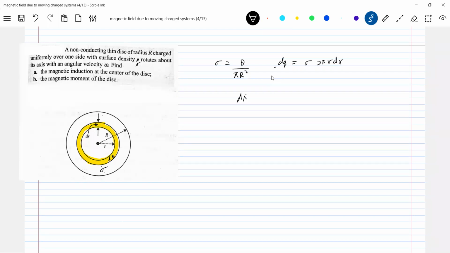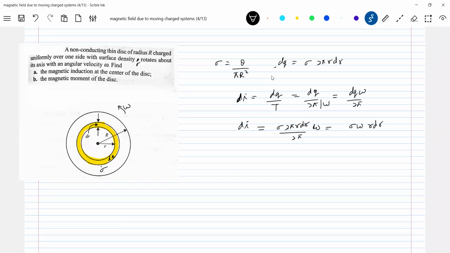And what is the current flowing in that elemental circular strip? di is equal to dq by T. Let omega be the angular velocity. dq by 2 pi by omega, so dq is sigma 2 pi r dr, times omega by 2 pi, which is sigma omega r dr. So this is di.